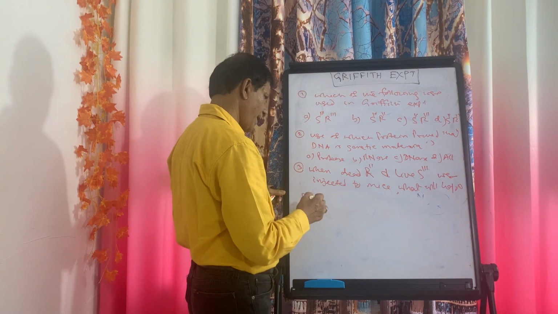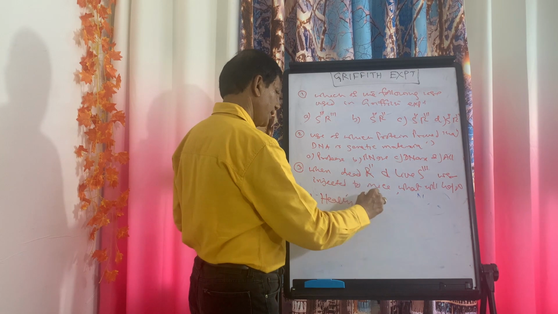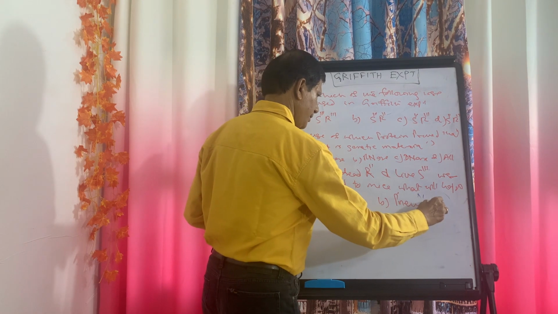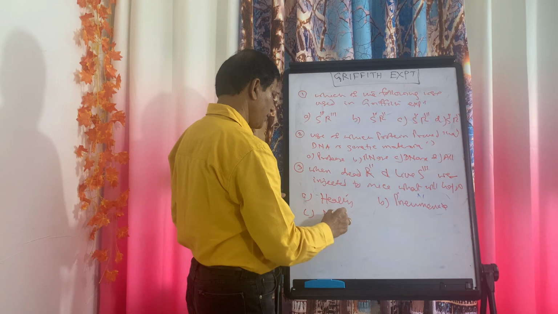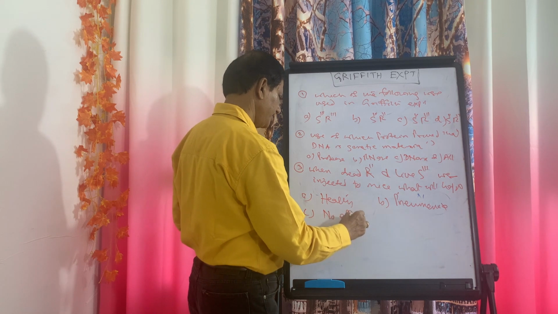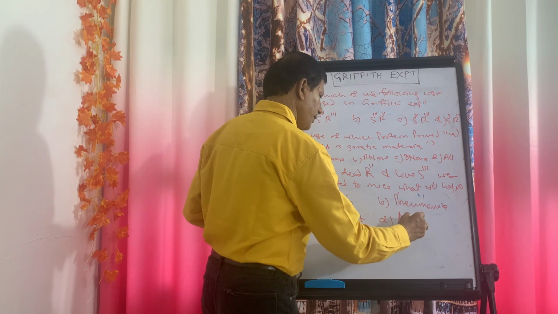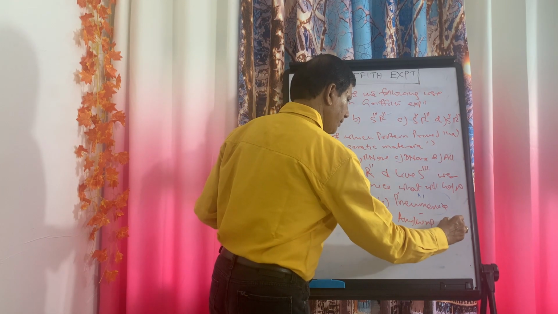A choice, it will remain healthy, B choice, it will suffer from pneumonia. Number 3, it will have no effect. D choice, anything may happen, cannot be predicted.